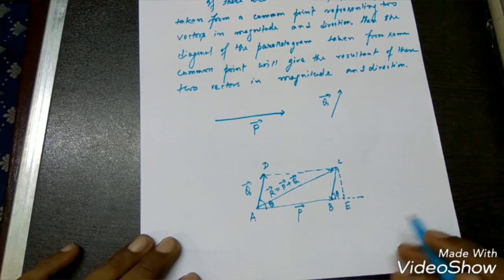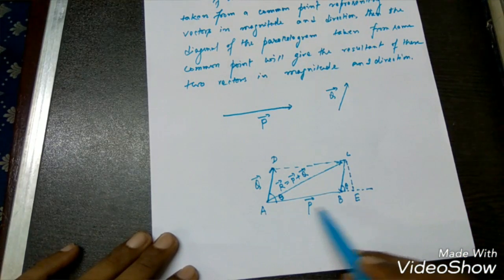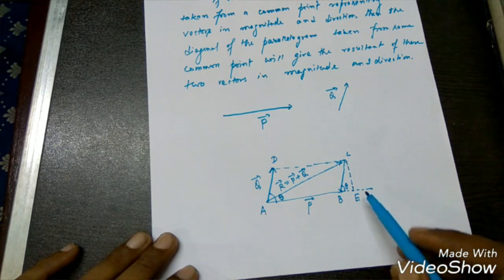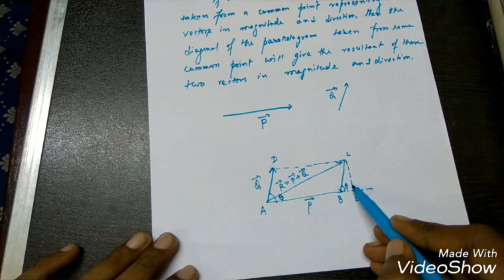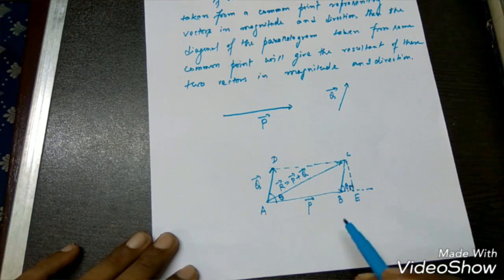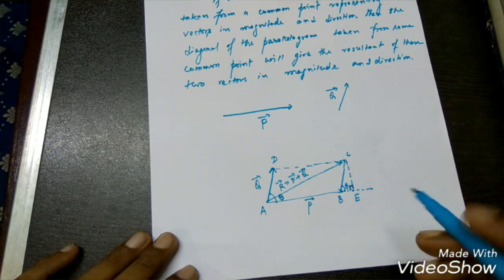So here there is a triangle AEC. This is a right angle triangle. Of course this will be a right angle because this angle is 90 degrees. So this is the hypotenuse, this is the base AE, and this is the perpendicular CE.